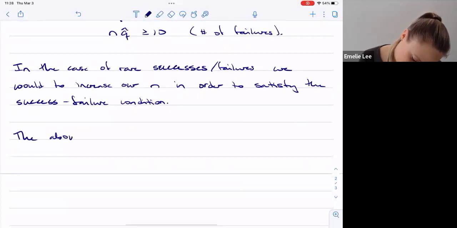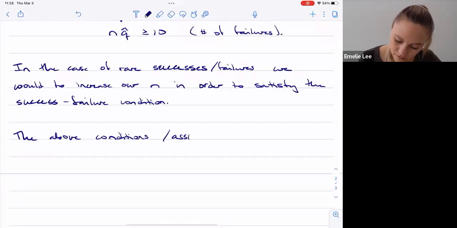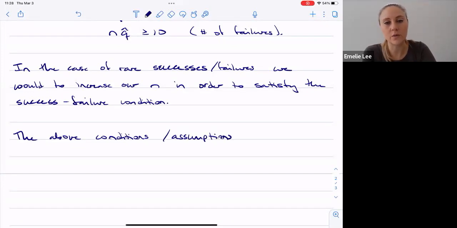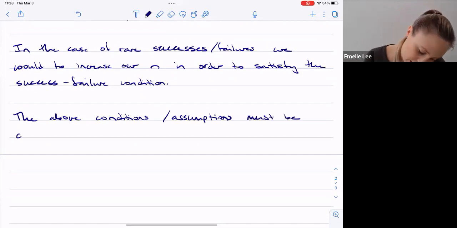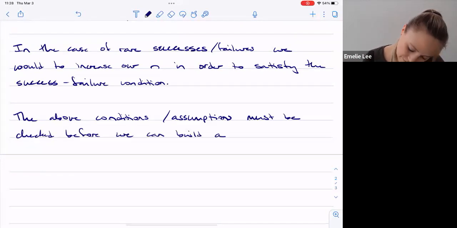The above conditions/assumptions, I use those two words interchangeably, right? So these things that we've outlined have to be checked before we can do a confidence interval. The above conditions/assumptions must be checked before we can build a confidence interval, which is what we're talking about today.